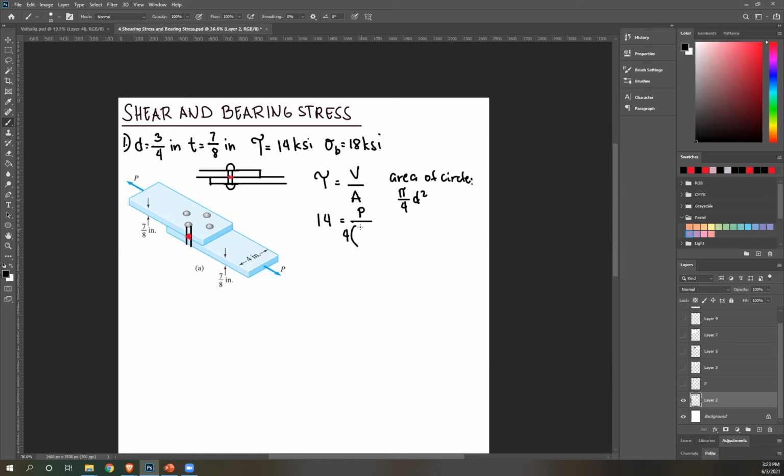So 4 times pi over 4, diameter is 3/4 inch, d squared. Make sure again your units are consistent. So inches, KSI again is 1,000 pounds per square inch. So uniform unit. Therefore, this is allowed.